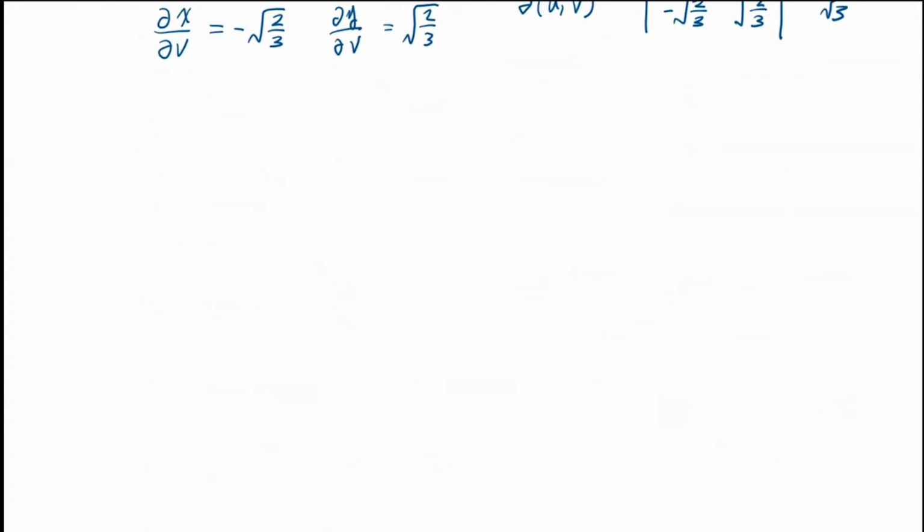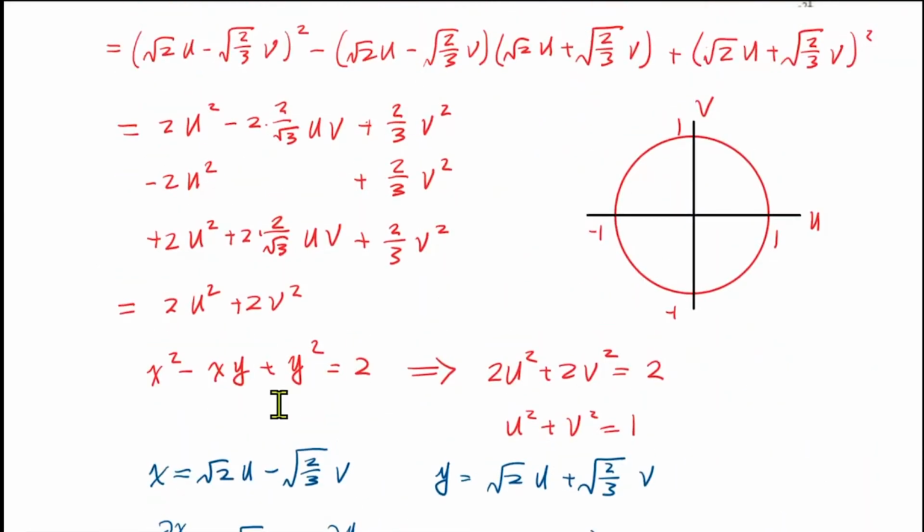Then our thingy, what was our problem originally? I think it was this thingy, and then we have x squared minus xy plus y squared dA, right? Did I copy the problem down correctly? This thingy now becomes uv. So what was it? My equation up here. It becomes this, right?